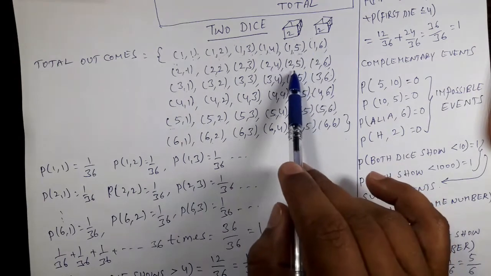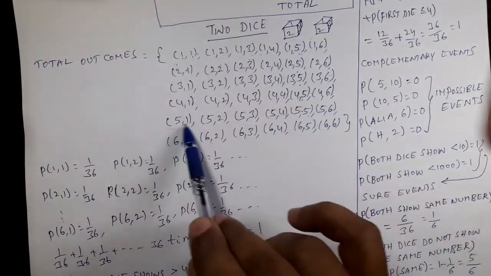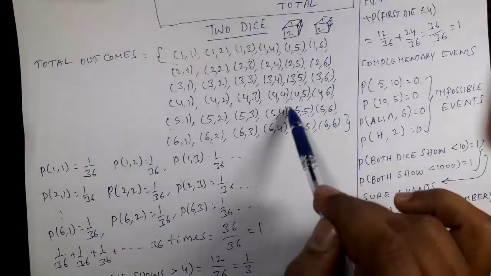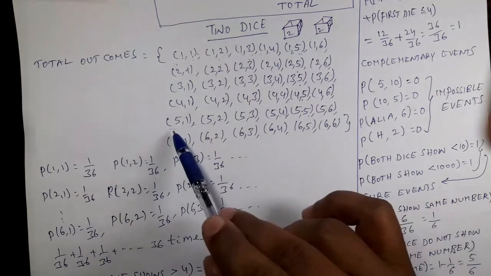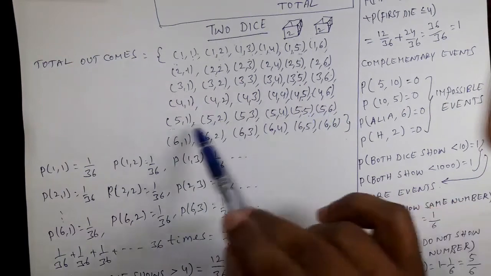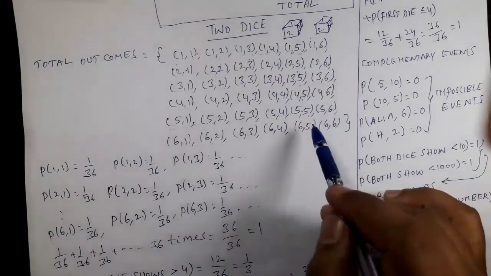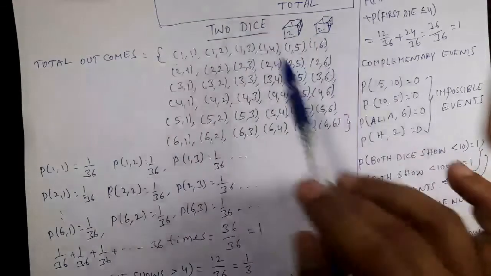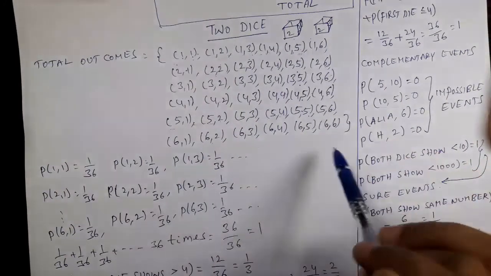In the same way, in this column and this row, 5s are there. 6 plus 6 is 12, but 5 is counted twice in this 12, so you consider it only once: 6 plus 5, 11. In 11 outcomes you have 5 at least once. The remaining are 36 minus 11, which is 25. In the remaining 25 cases, no 5 is there.